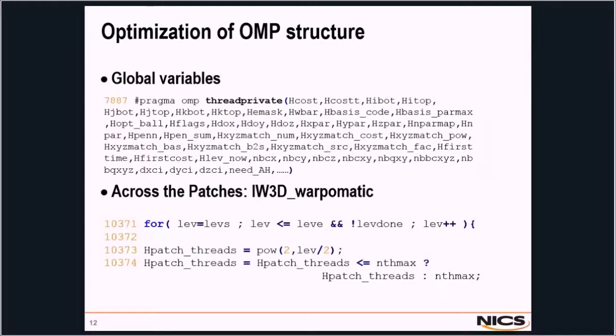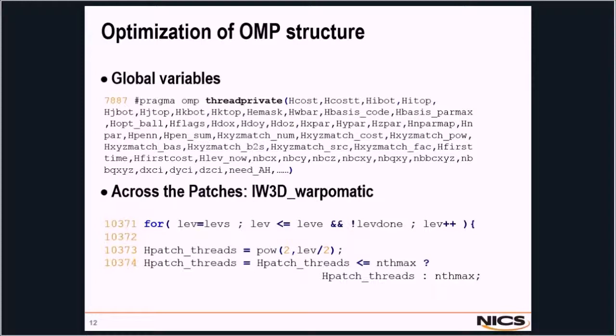Obviously one of the most tedious steps is to treat global variables. I think that's a typical problem for many community codes, legacy code, because it's not up to the software engineering standard. There are tons of global variables. They even use goto statements.